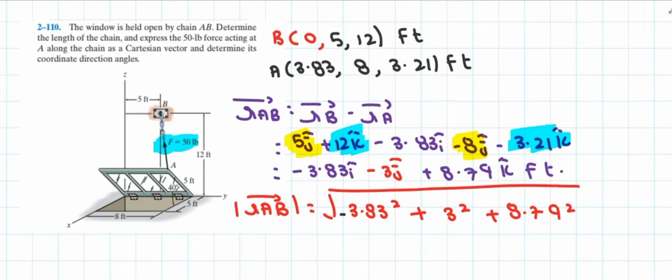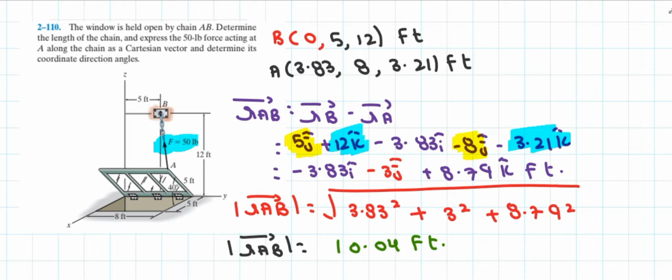Okay, it's completely fine. So take the calculator, put the values into it, and solve for the magnitude of RAB. The magnitude of RAB is 10.04 foot, and the magnitude is always a scalar quantity, because magnitude is just a number, and in real life a length can never be negative. That's why.